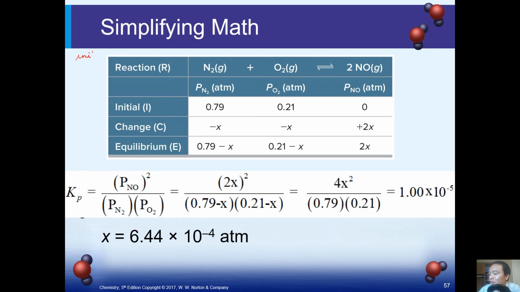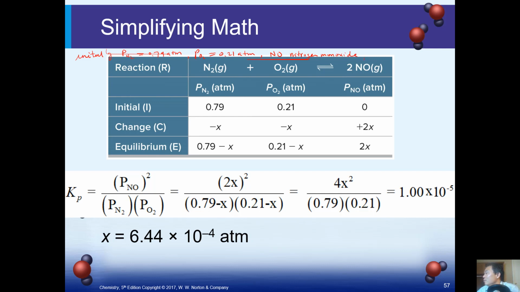Initially we have the partial pressure of N2 is 0.79 atm, and we also know PO2 initially is 0.21 atm, and then you have no nitrogen monoxide to begin with.